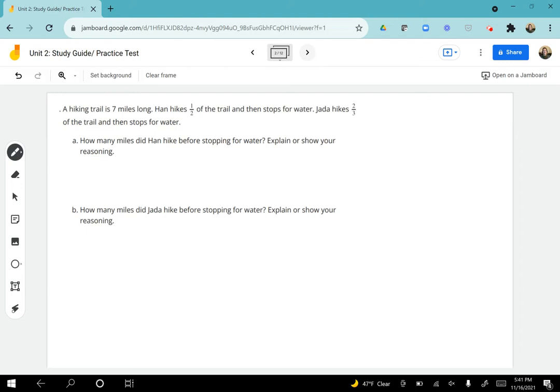So what's happening here is one of the ways we could figure this out is dividing 7 by 2, so finding half of 7, since we want to find half of the 7 miles that Han hikes before he stops for water.